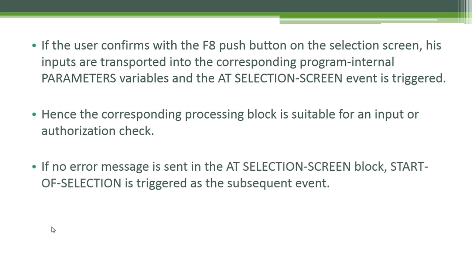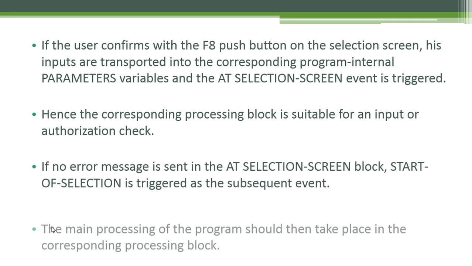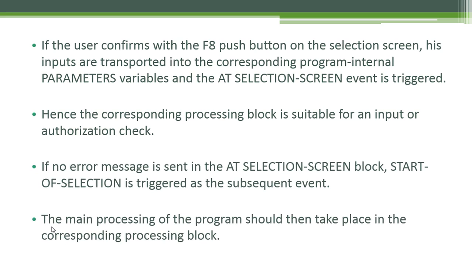If no error message is sent in the AT SELECTION-SCREEN block, then START-OF-SELECTION is triggered as the subsequent event. The main processing of the program should then take place in the corresponding processing block.